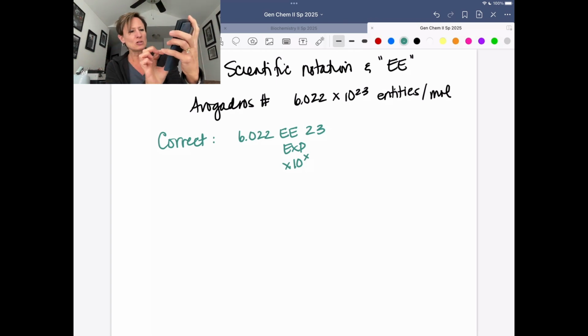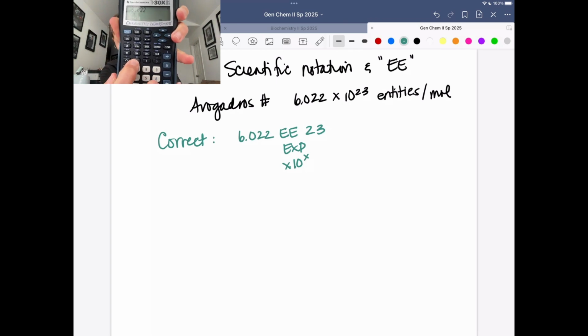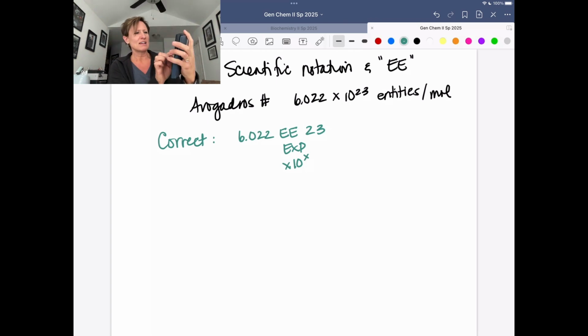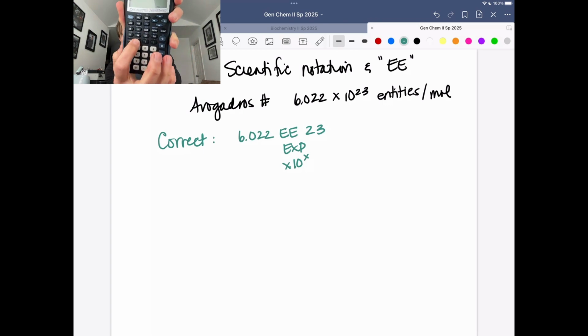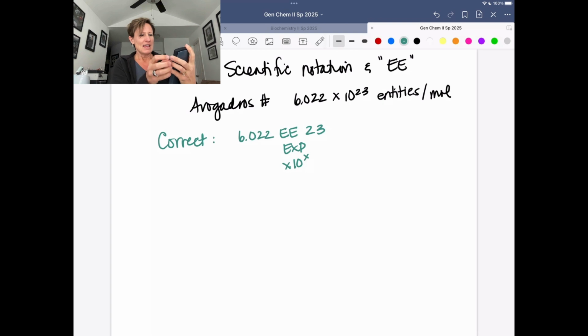To access that blue, you can see the EE is above there. That means it's one of these second buttons. So I have to type second, and then I have to type E, okay? And then I'm going to type in 23rd. So it looks the same as on my other calculator to start with. Okay, a little bit more involved to get there.